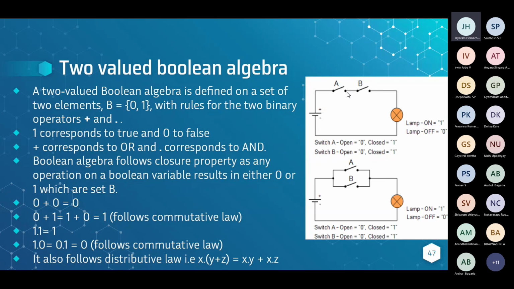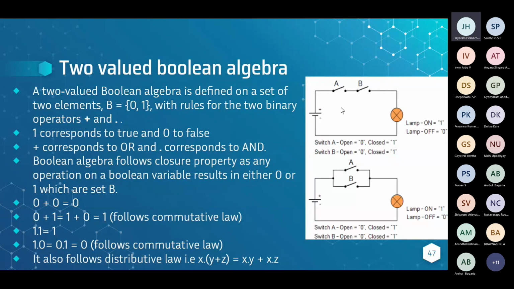If A and B are in series, and just A is pressed, the circuit is still incomplete, right? If just A is pressed or just B is pressed, the circuit is incomplete. Both A and B should be pressed in order for the circuit to be complete.